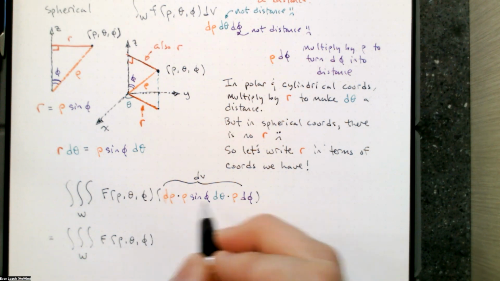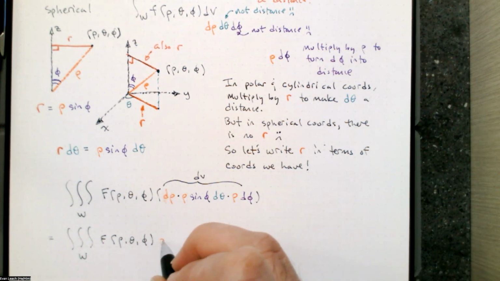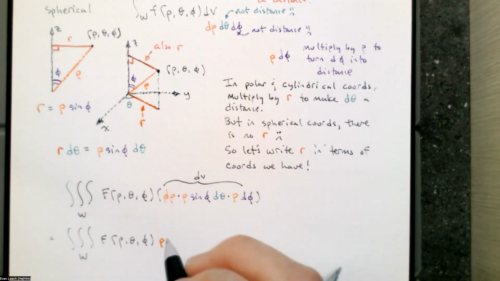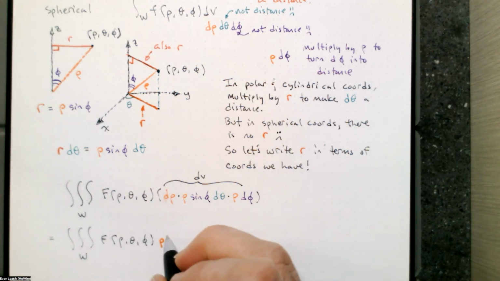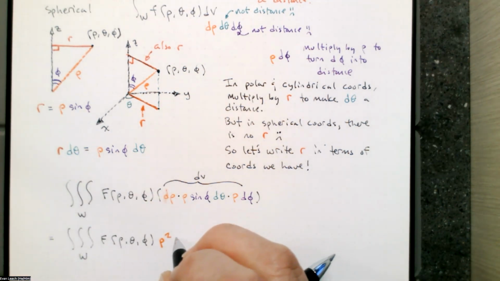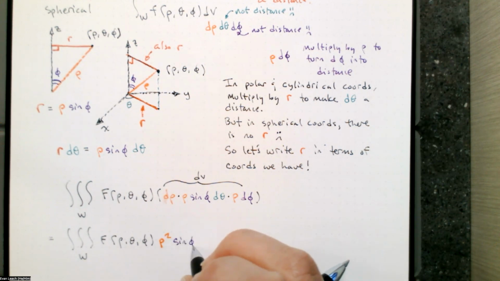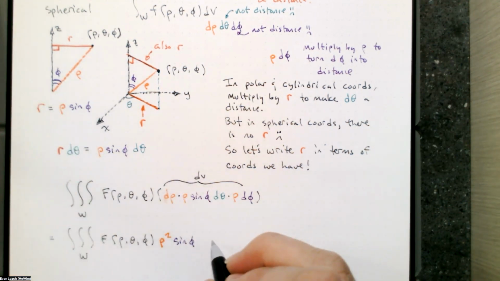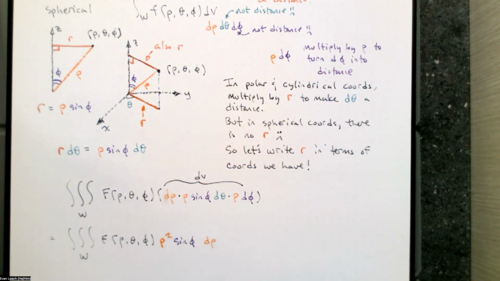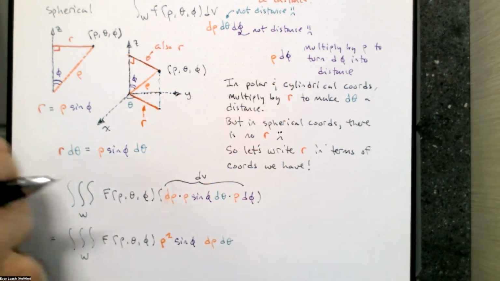I got the two factors of rho, so rho gets squared. I need a sine of phi. And then I have the rest of the dV. D rho, d theta, d phi.